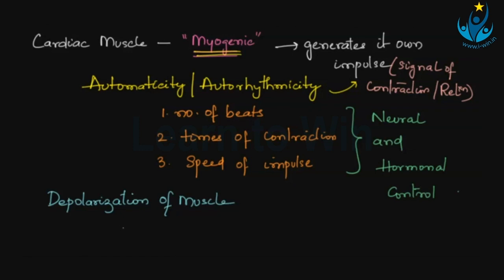Normally you have an electric charge in the cell, let us say this is a cell, and if the electric charge of the cell is negative, now when this electric charge is changing from negative and going to positive, that means this cell is undergoing depolarization. So depolarization is change in the electric charge within the cell where it goes from negative to positive. And repolarization means what?